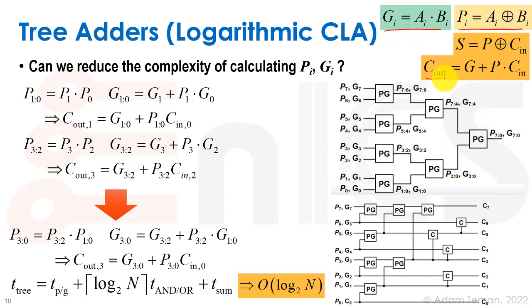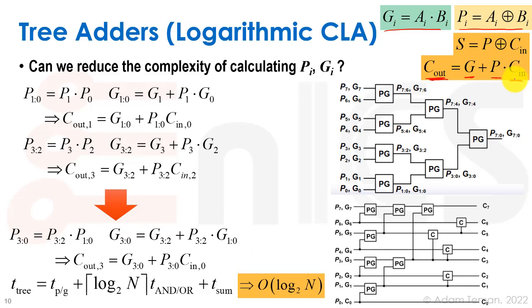Generate and propagate are just functions of A and B, so they don't have to wait for a carry to be calculated. But carry out can be shown as the generate, because if generate is 1, then we don't have to wait for the carry out of the previous stage, plus propagate, because propagate is saying we just pass on what was before, the carry in of the stage before. So that's what carry out is.